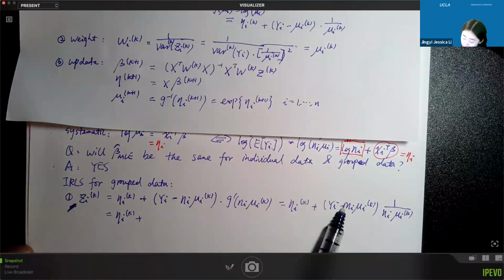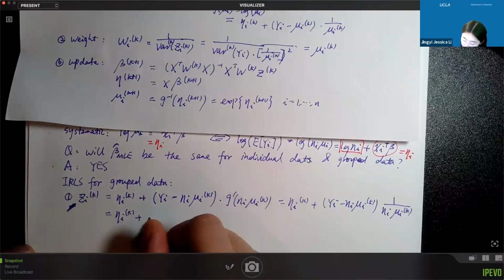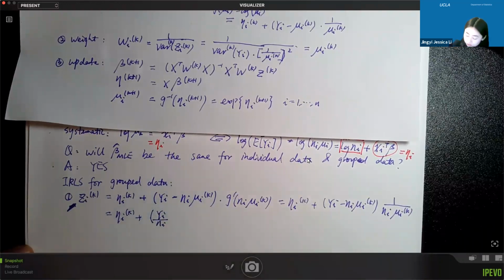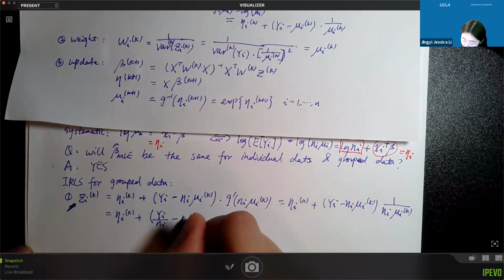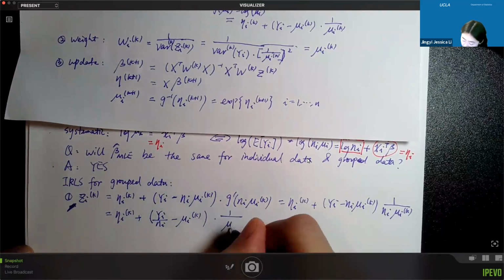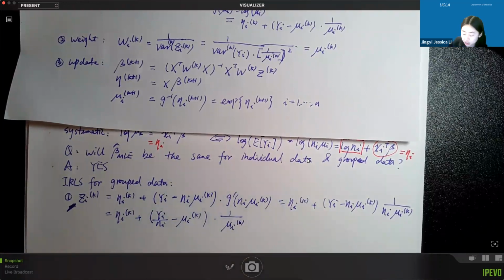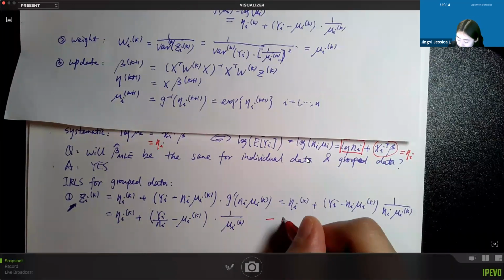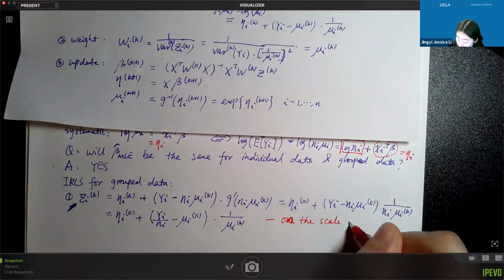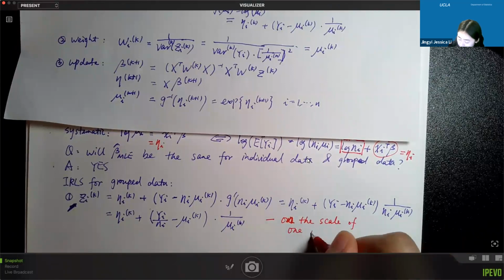And here you are going to cancel out n_i. So you would have basically y_i divided by n_i, the average of group i, minus mu_ik, times 1 over mu_ik. So in terms of the scale, z_ik is on the scale of one individual data point.